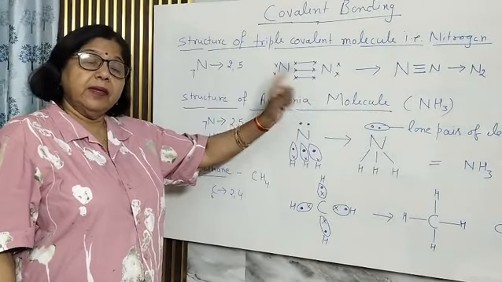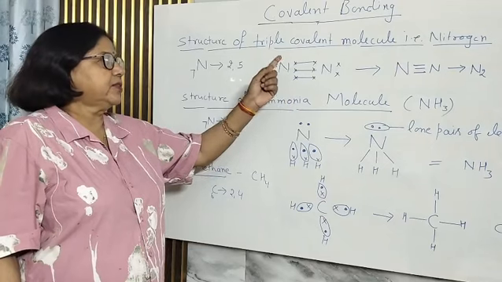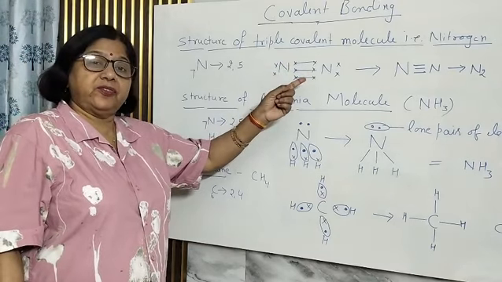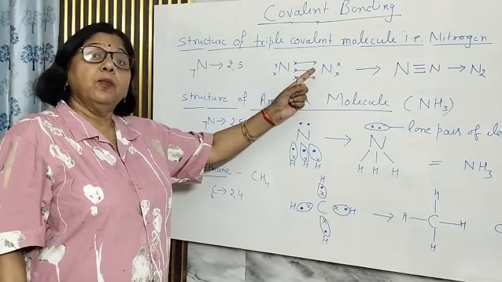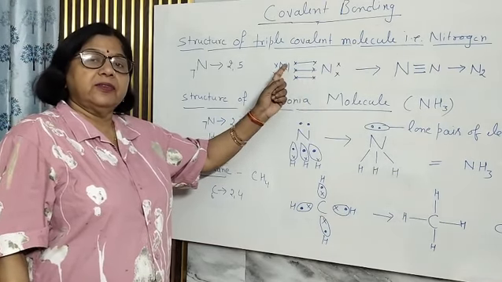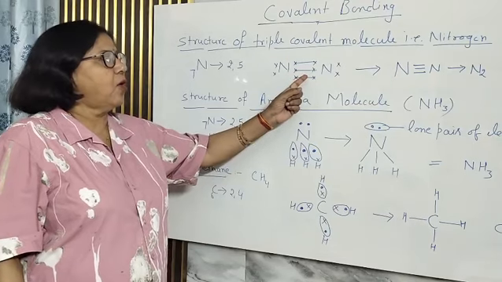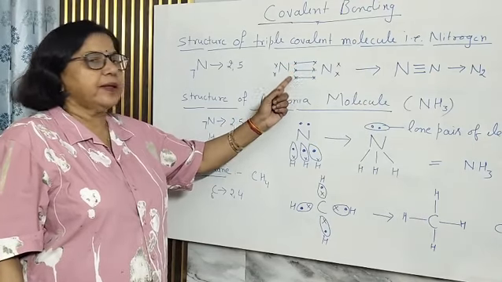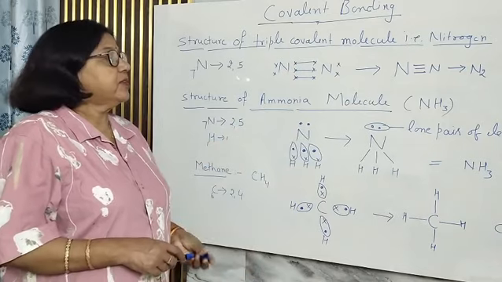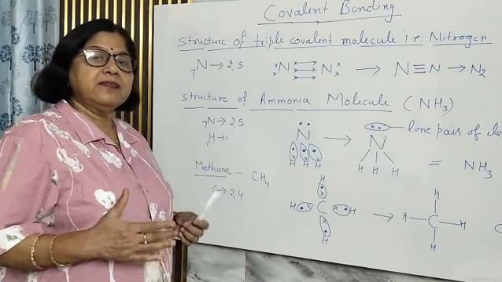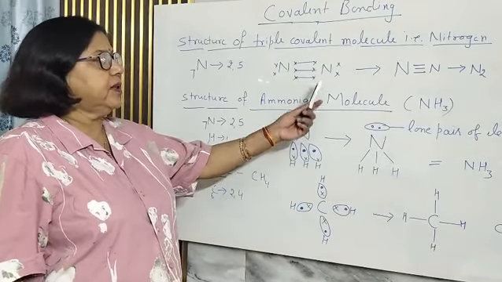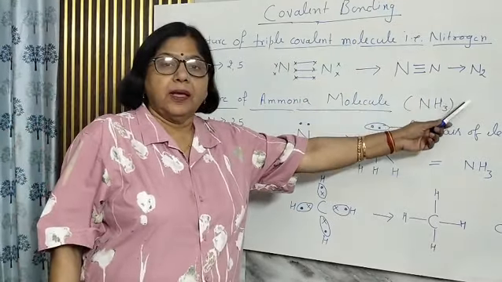Both the nitrogen atoms share what? 3 electrons each. Means this nitrogen and this nitrogen both share their 3 electrons and form the triple covalent bond, right? So this triple covalent bond results in the very stable nature of nitrogen, that is N2.